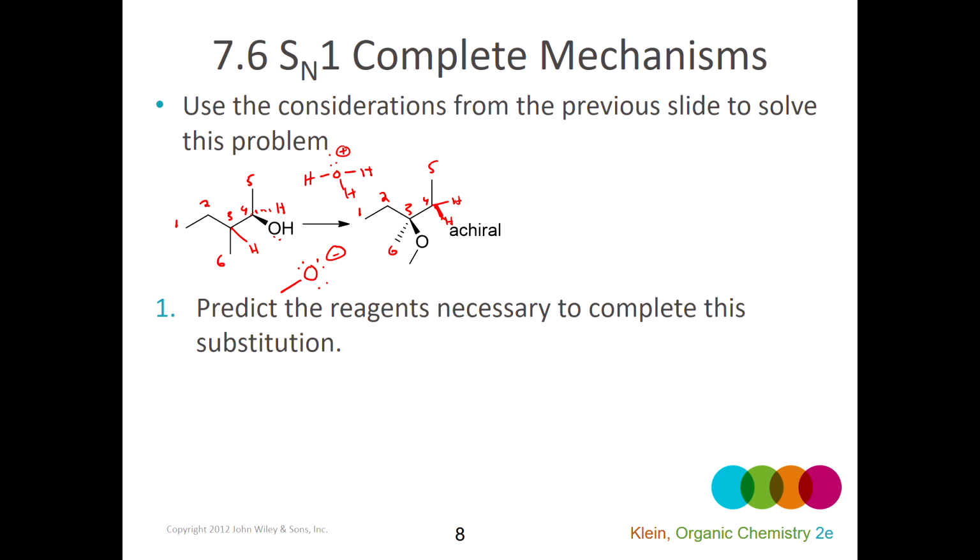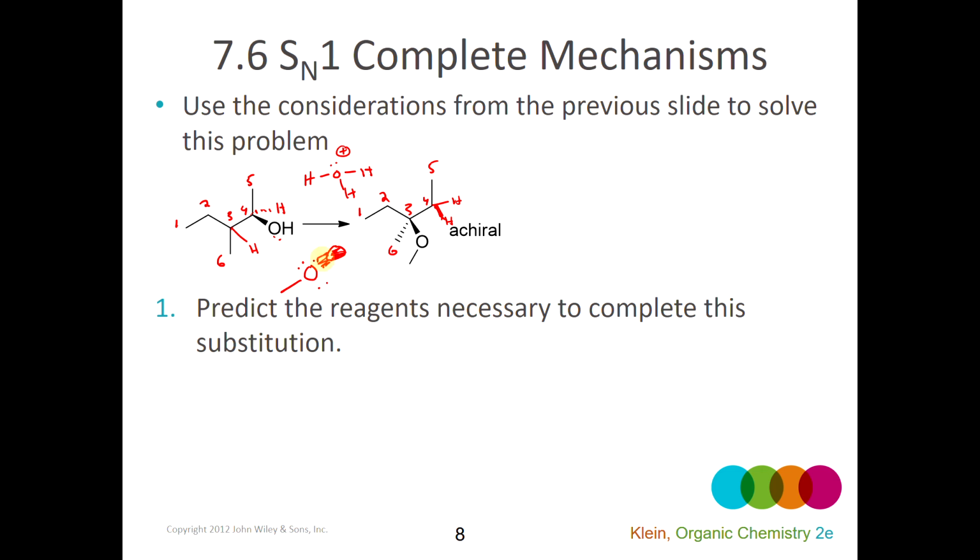If I add H3O+ to try to protonate this leaving group and make it a better leaving group, and then add this methoxide, which is a strong base, and expect it to act as a nucleophile later and come into carbon 3 once the carbocation forms there, I'm overlooking the fact that these two are both in solution at the same time. They'll just react with one another. So that's not going to work.